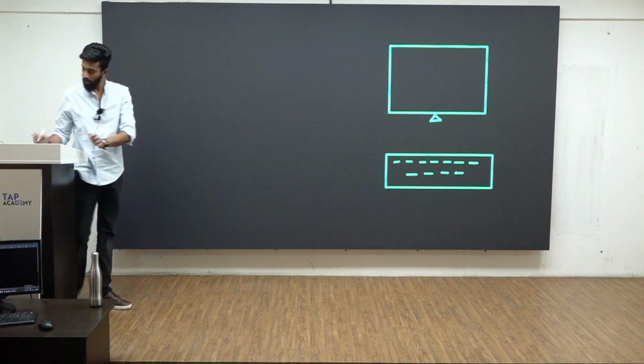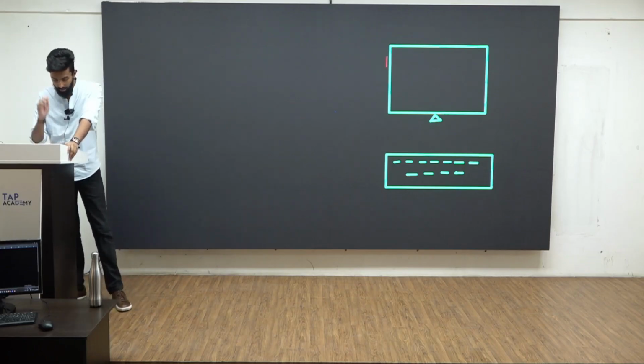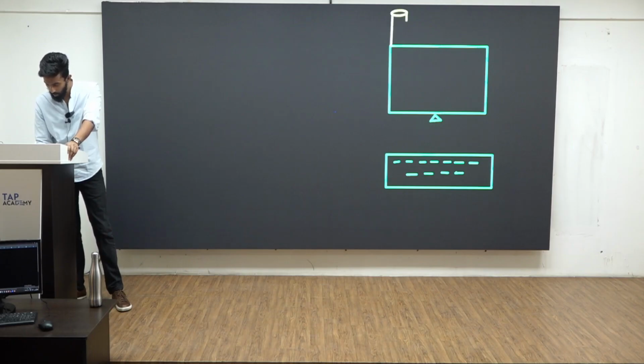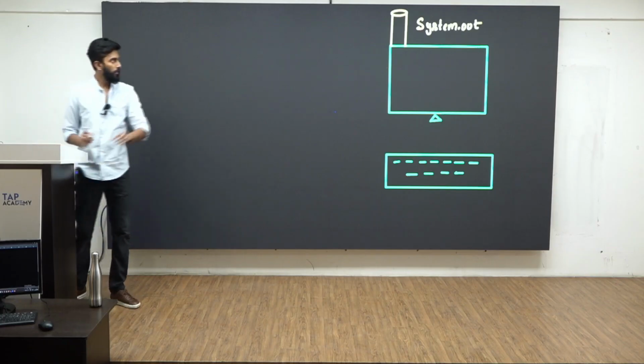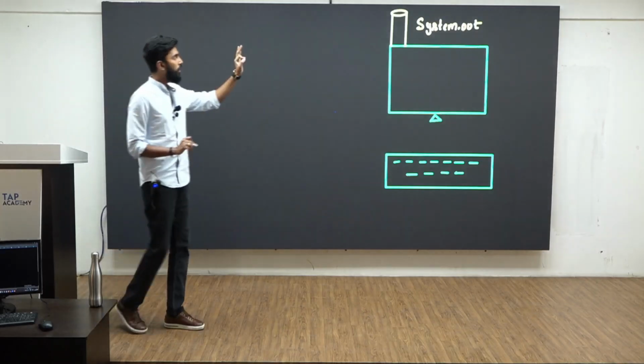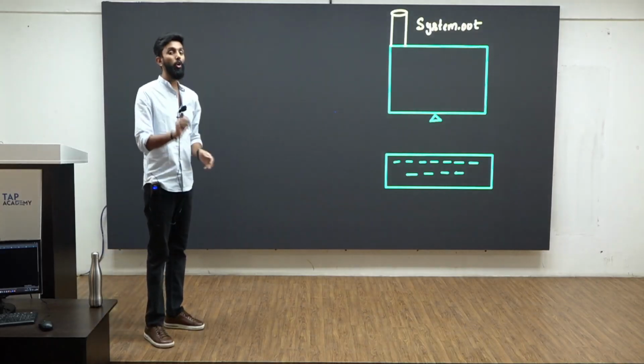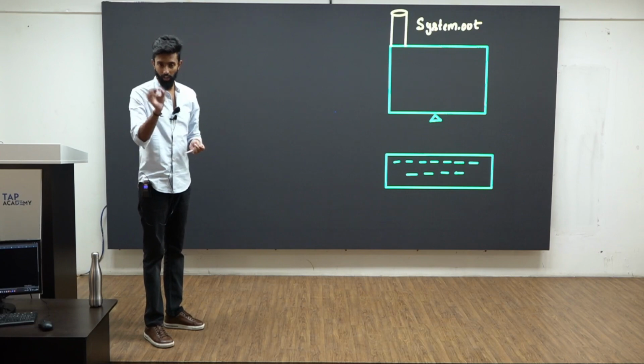What do you mean, sir? Long back I told you, to access the monitor, you have one pipe connected to the monitor. Tell me what is the name of this pipe? System.out. Yes or no? But technically it is not called a pipe, it is called a stream.